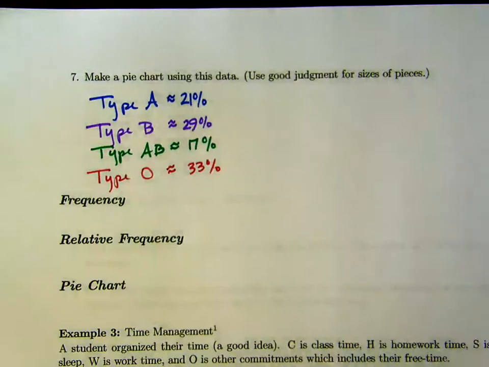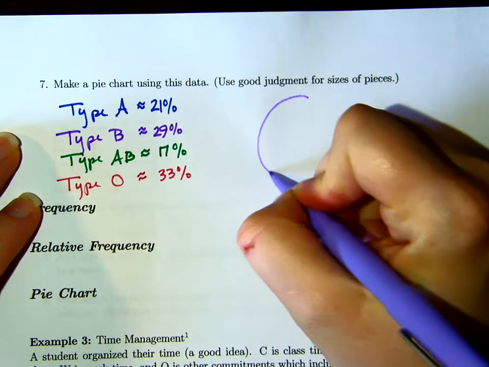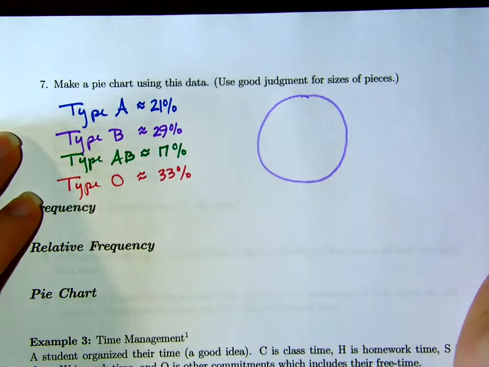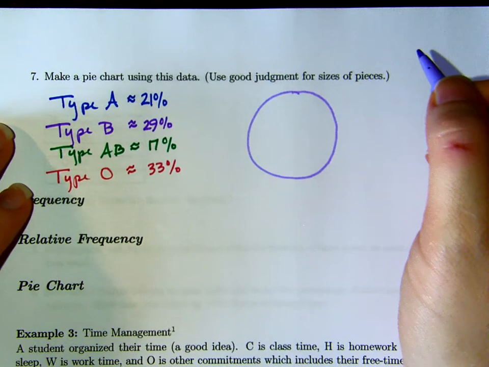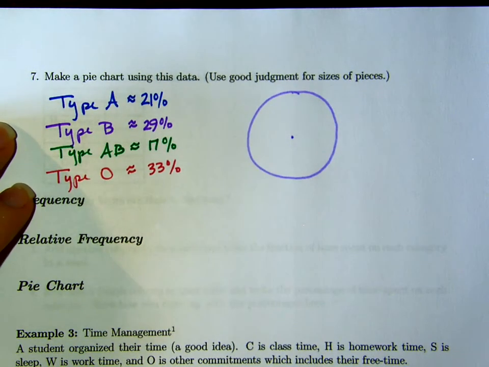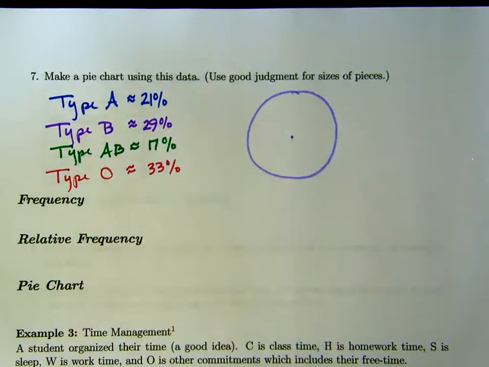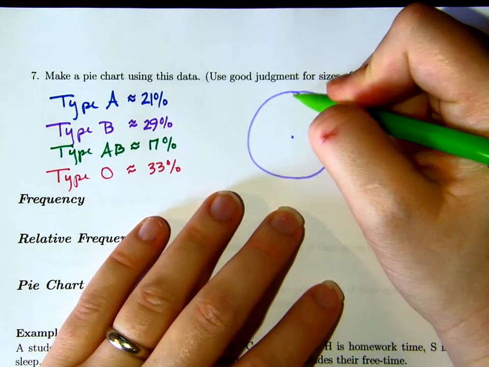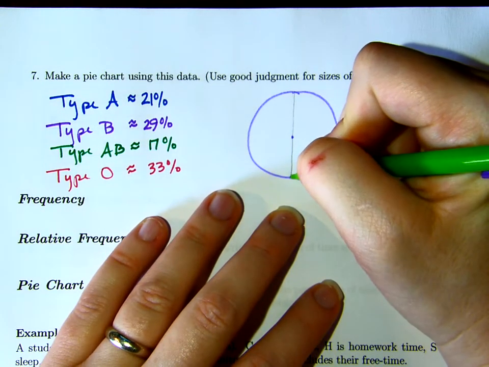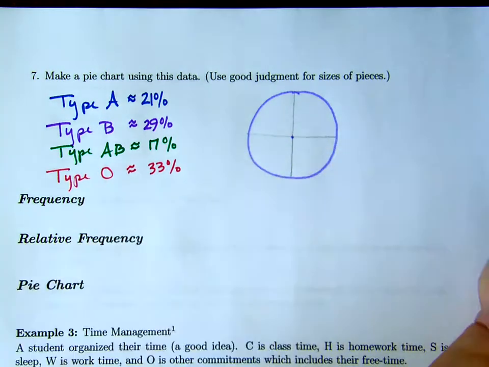So I'm going to start by drawing a circle, and I don't know, that's about as good as it gets in terms of a perfect circle for me. And that's about the center. Whatever, it's a little bit lopsided, but what are you going to do? The first thing I always do is cut this into quarters, because that is the easiest thing for me to approximate.